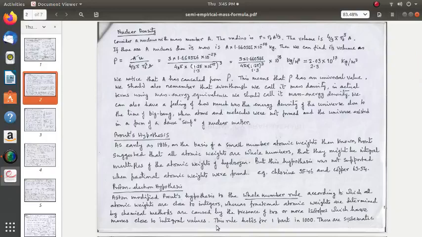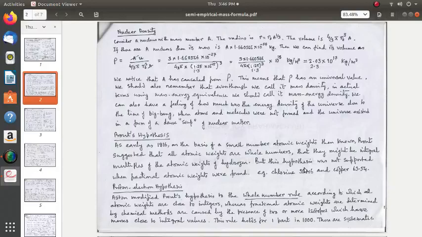According to the whole number rule, all atomic weights are close to integers, whereas fractional atomic weights like 35.46 and 63.54, which are determined by chemical methods, are caused by the presence of two or more isotopes which have masses close to integral values.